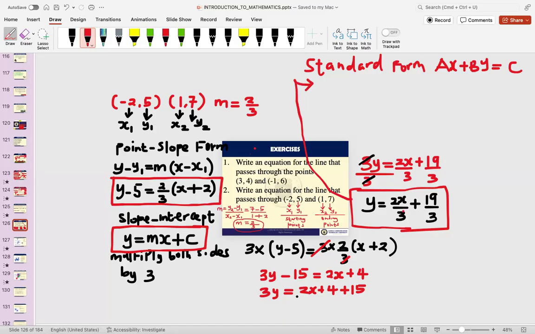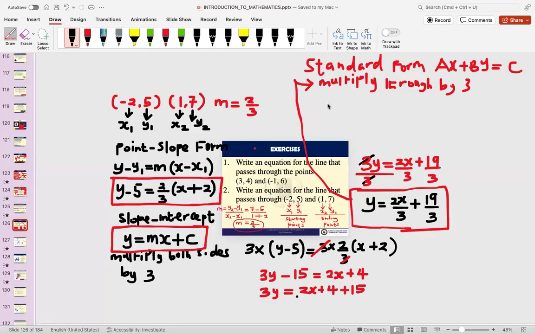So we have to clear this 3 again. This 3 will not make it straight, so we need to clear it. And how do you do it? The same strategy, multiply through by 3. So we pick them one after the other.